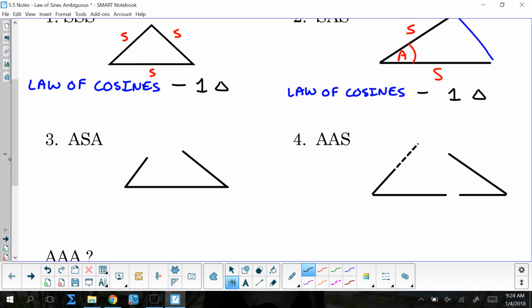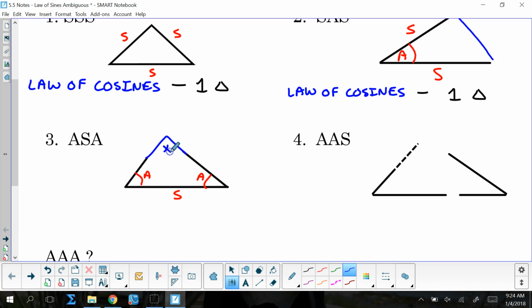Claire B. So, angle, side, angle case. Now I'm going to be given 2 angles and the side in between them. So if I extend this out here, can I get that 3rd angle? Yeah, because the 3 angles of a triangle add up to be 180.